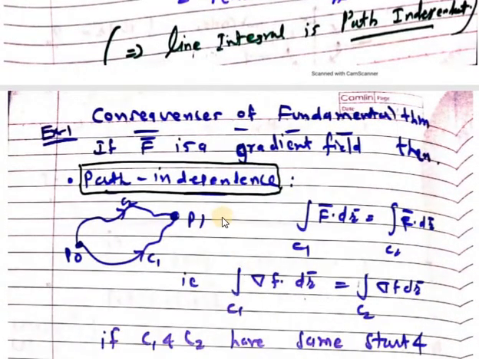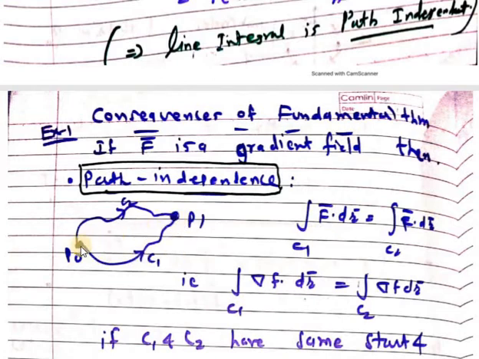Let us consider another consequence of the fundamental theorem. If F is a gradient field, then first, it is path independent. F is a gradient field, that means F is equal to grad f. Gradient is a vector, so it is exactly a gradient field. Suppose we have two points p0 and p1.